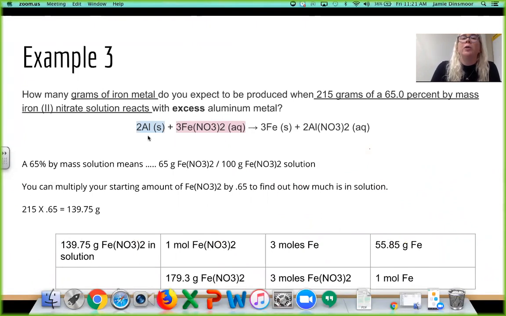We're looking at our aluminum, which is excess, and our solution, which is iron 2 nitrate solution. If you're ever confused about what the solution is, look at the solid, gas, liquid suffix here. AQ means aqueous, which means it's dissolved, which means it's a solution.